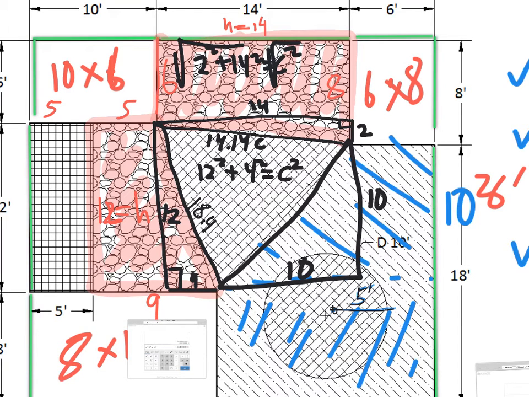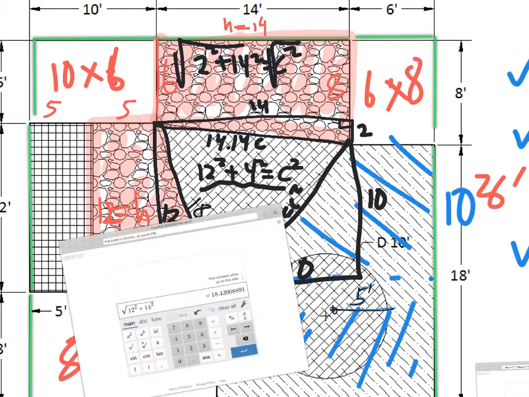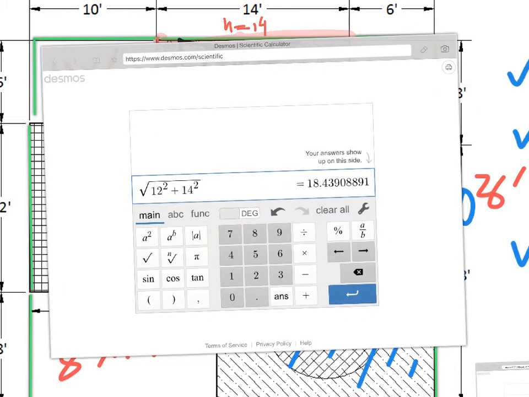So this is going to be 10 squared plus 10 squared equals C squared. A lot of stuff going on here. And so we can find that length with our calculator again. 10 squared plus 10 squared equals C squared.